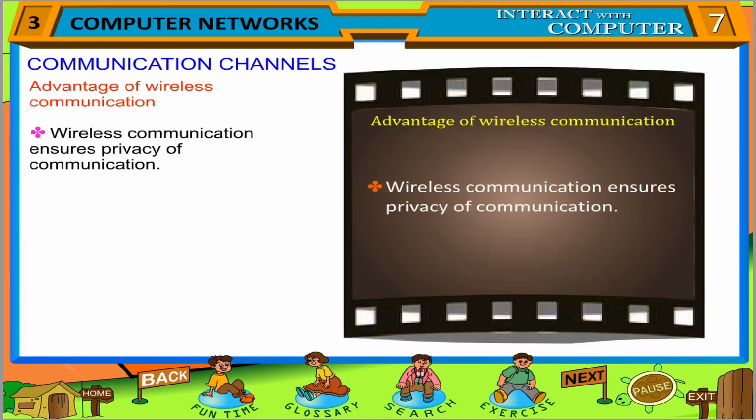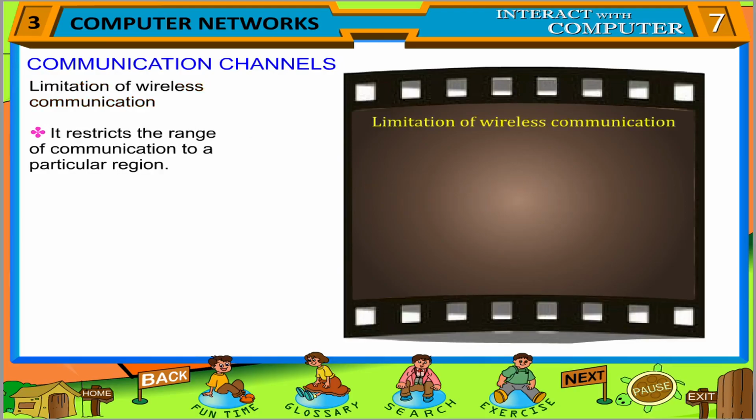Advantage of wireless communication. Wireless communication ensures privacy of communication. Limitation of wireless communication. It restricts the range of communication to a particular region.